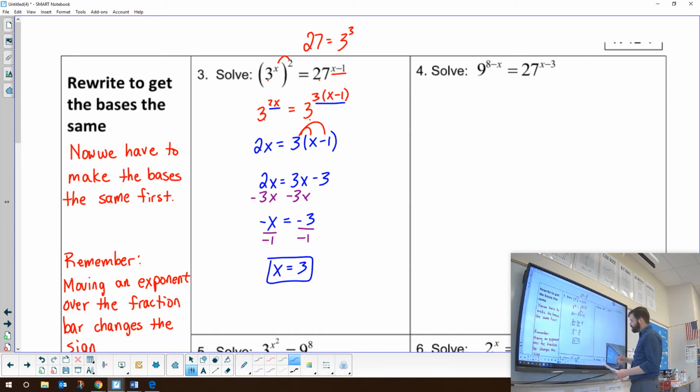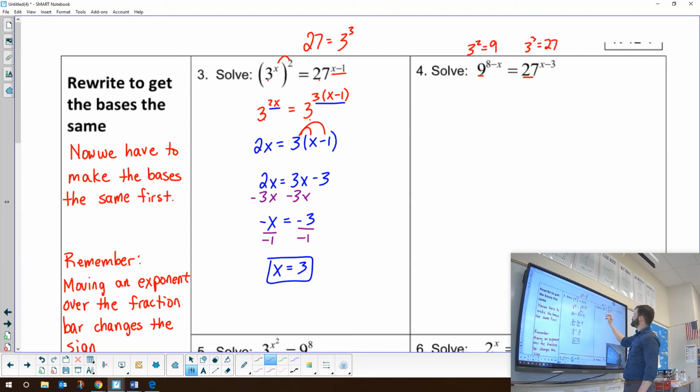We're going to do something very similar on the next one. On the next one, we're going to find the same base here. And we have to think, okay, what base could I find that's the same between 9 and 27? What fits in both? What is a root of both? And it's 3. We have 3 squared equals 9, and 3 cubed equals 27.